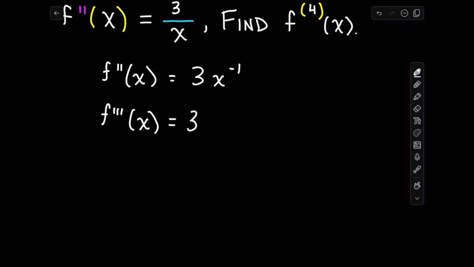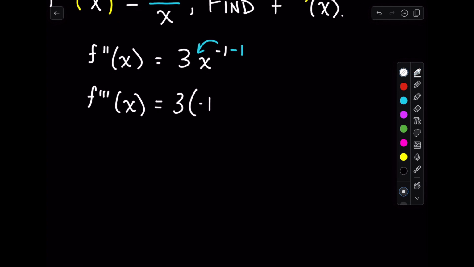We see that we'll move the negative 1 in front of the x and then subtract 1 from the exponent. So we get 3 times negative 1 x to the power of negative 2. In other words, negative 3 x to the power of negative 2.